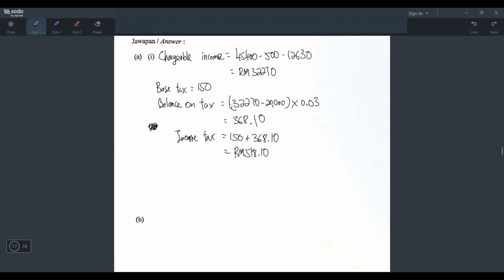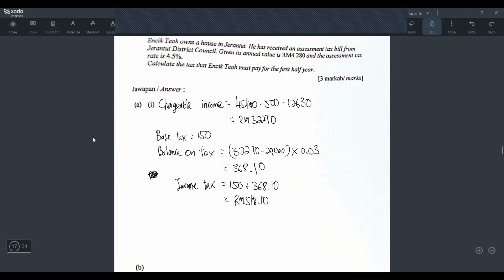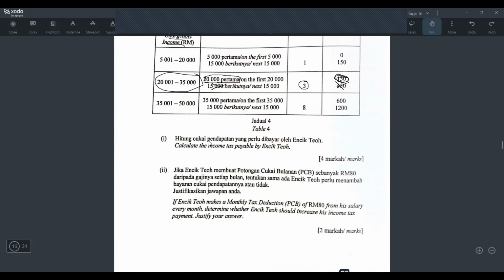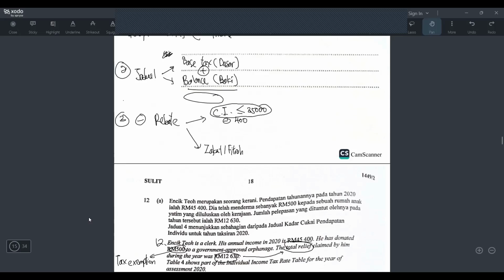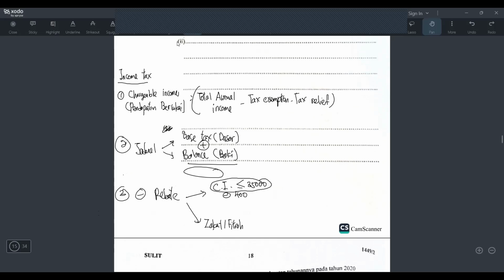If you don't want to write RM above, it's okay, but on the last line you have to write it. But this is not the answer, because they are asking for income tax payable, cukai pendapatan yang perlu dibayar. Look at my notes. After you take the base tax plus balance tax, you only finish until step number 2. You still have to do step number 3, which is tolak rebate. Then you can get the tax payable, because you want to find income tax payable.